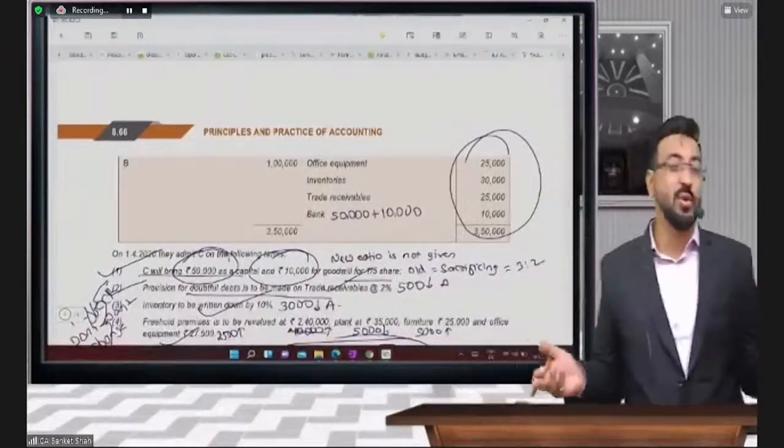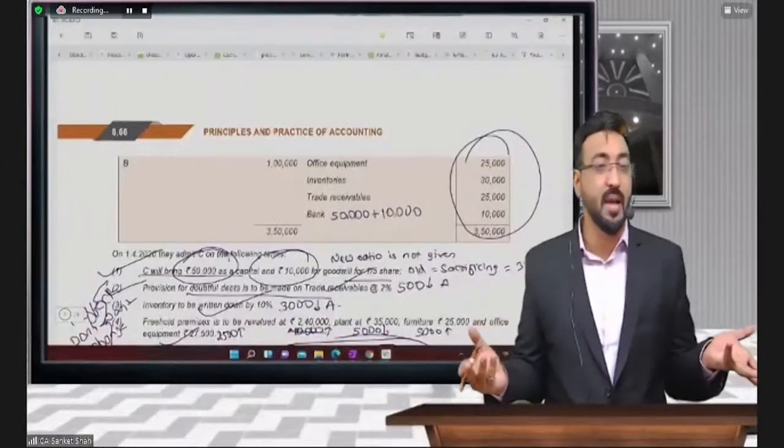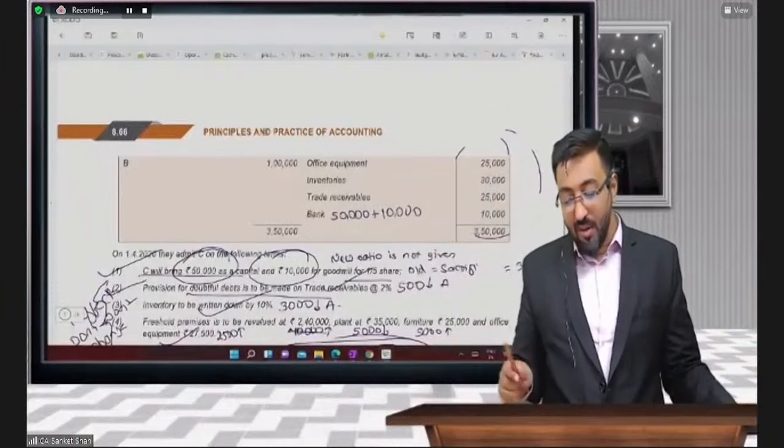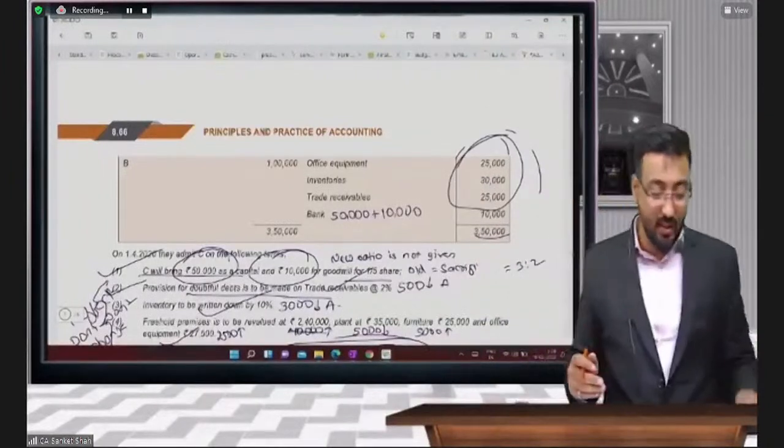Beta, bank is always going to change because money cannot remain the same. So except your bank balance, the other assets and liabilities, it's very easy.